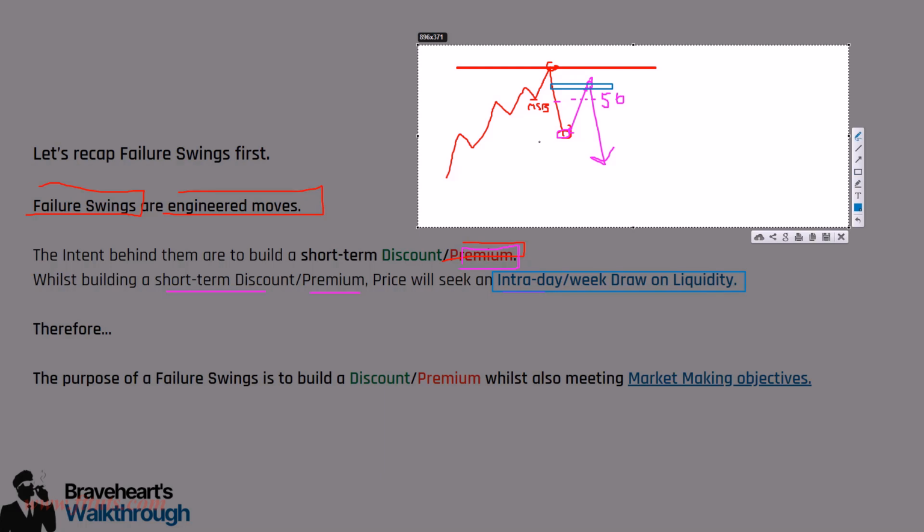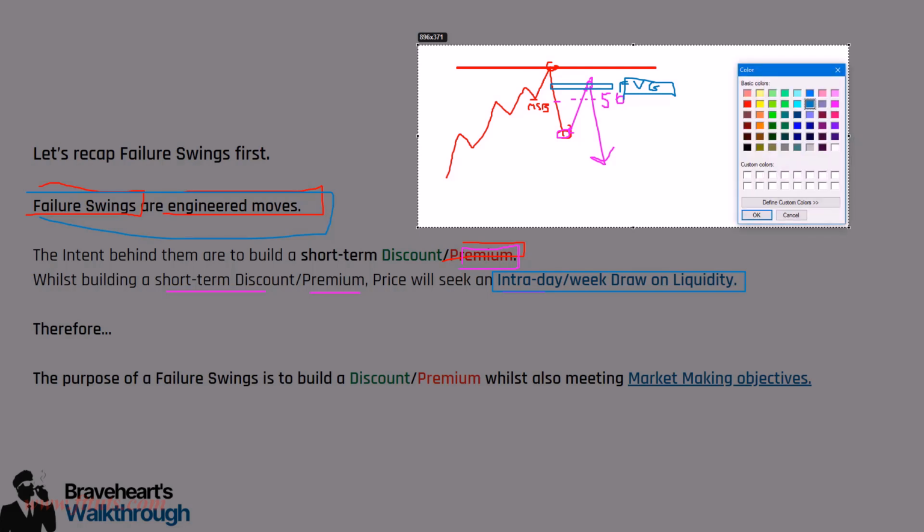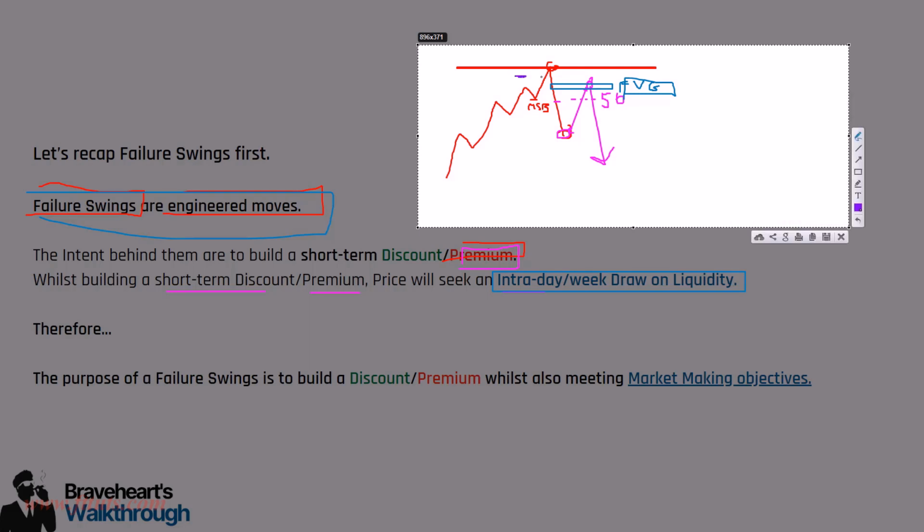When focusing on failure swings to trade back into a draw on liquidity, it's best to see, okay, is there a fair value gap, right? So you want to be aiming for that fair value gap for a rebalance, all right? Because when it rebalances, if we take a look at the structure in this case, we can see that we have a short-term high here, short-term high here, which makes this an even more significant long-term high, which tells us more that this is a very key turning point, right?